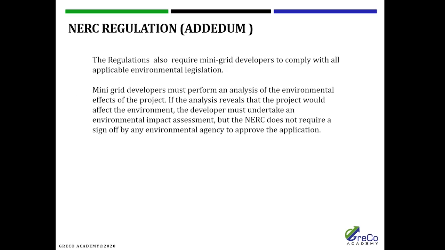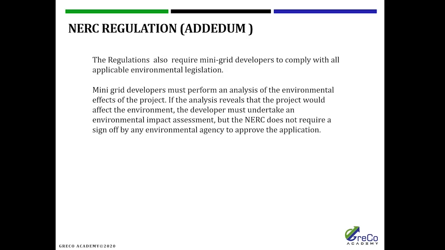Apart from this regulation, which the developer needs to put into consideration while he is working, another regulation which needs to be taken seriously is that of the environmental regulation or legislation, which a mini grid developer is expected to fulfill through the Federal Ministry of Environment.